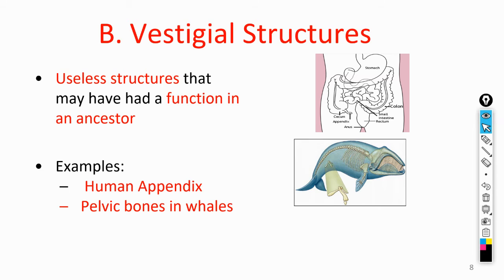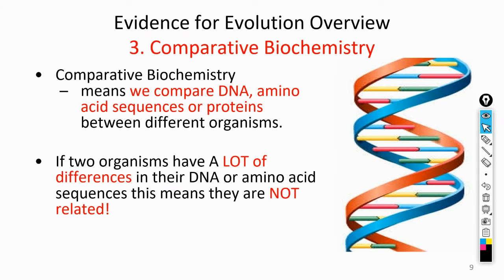Whales, and another example, snakes, have pelvic bones, which indicate that their common ancestor had hind limbs, but that trait has been lost over time. So again, vestigial structures don't perform a function in a modern organism, but had a function in a common ancestor.